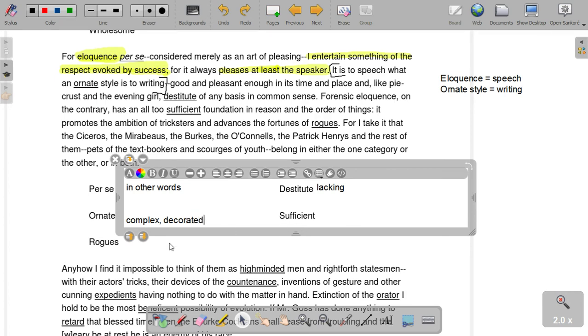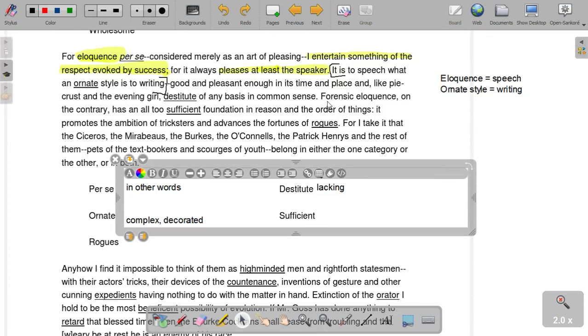So think of if you say that someone's house is decorated ornately, what you're saying is it's very over decorated. So there's tons of gold and flashy flowers and things like that. And so that's what kind of writing style he's talking about. He's saying, don't do that because maybe it may sound good and pleasant at the time, but eventually you come to realize that it's destitute of any common sense.